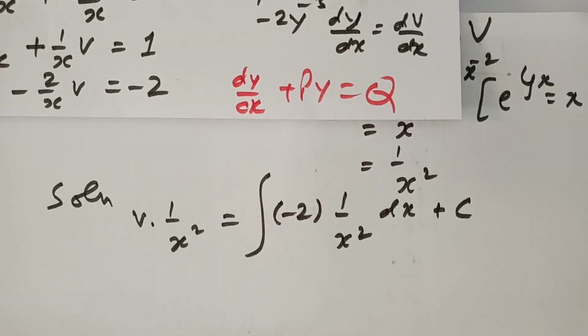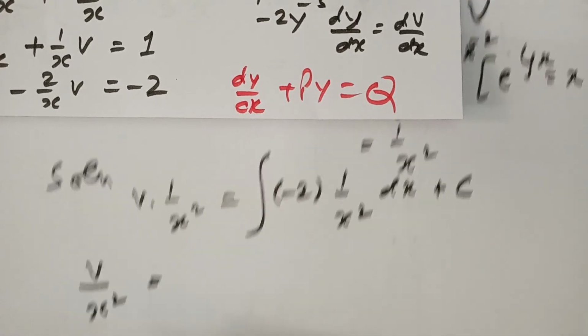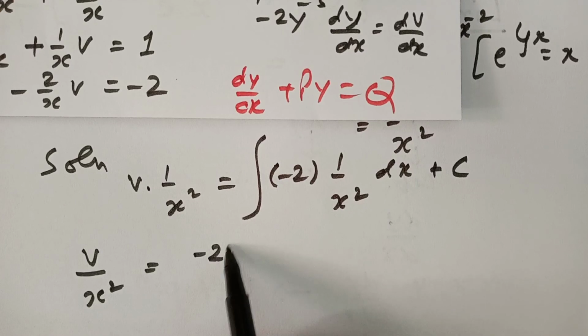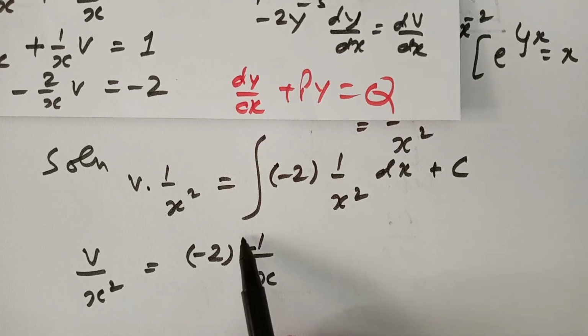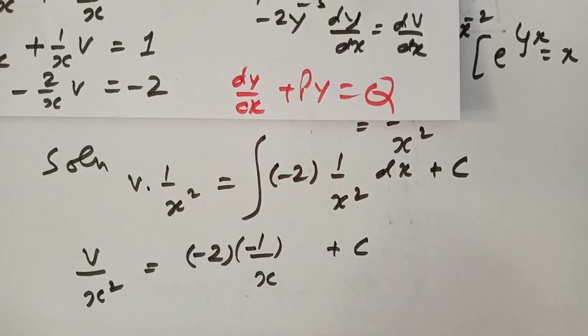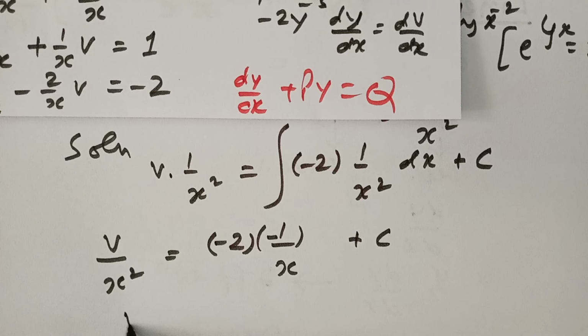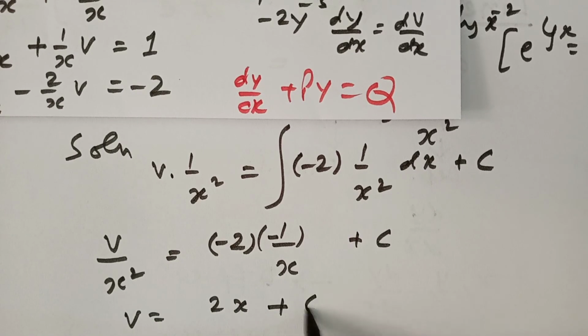Okay, now this is very easy. So v upon x square equals the integration; minus 2 is constant, times 1 upon x square. The integration of 1 upon x square is equal to 1 upon x with a negative sign plus some constant. Okay, so v equals, multiplying by x square, 2x plus cx square.